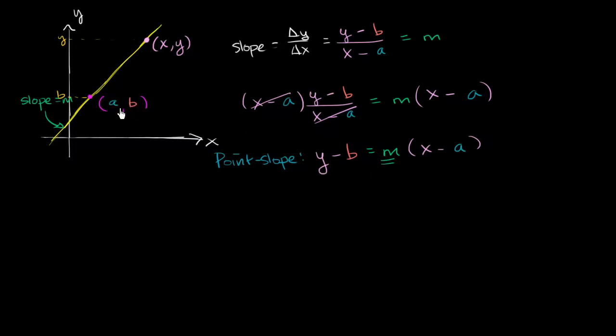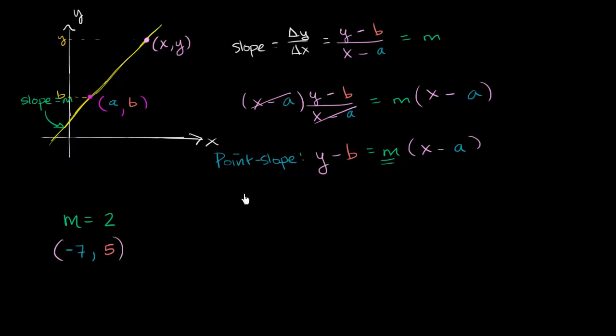Now let's see why this is useful, why people like to use this type of thing. Let's not use just a, b, and a slope of m anymore. Let's make this a little bit more concrete. Let's say that someone tells you that I'm dealing with some line where the slope is equal to 2, and it goes through the point (-7, 5). So very quickly, you could use your knowledge of point-slope form to write this.